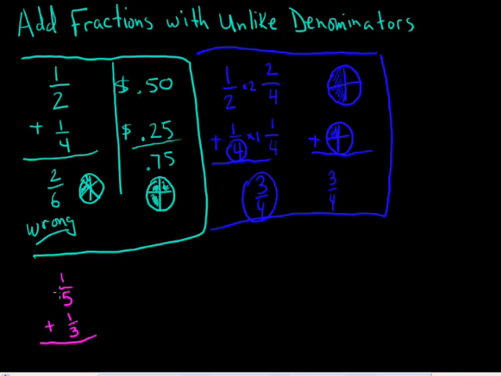Now remember, we want to make our denominators the same, and the easiest way I've found to find the least common multiple is to circle the bigger number and then skip count by that number until we get a multiple of 3 also. So we start with 5, that's not a multiple of 3, 10, that doesn't work, 15. 5, 10, 15. Yes, 15 is a multiple of 3. So our new denominator we're going to use is 15.